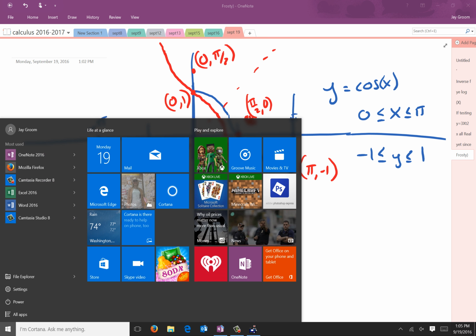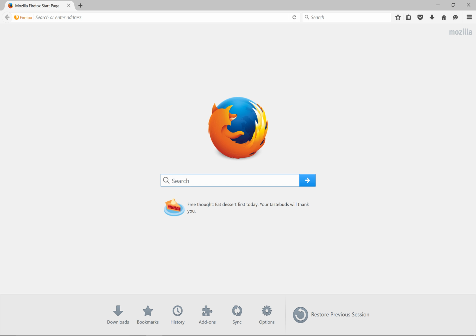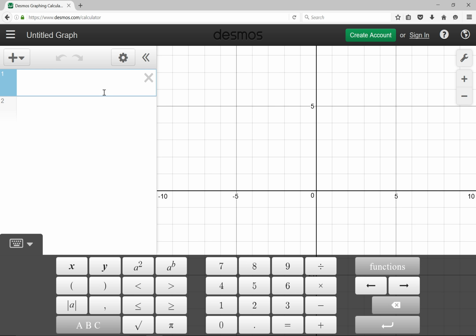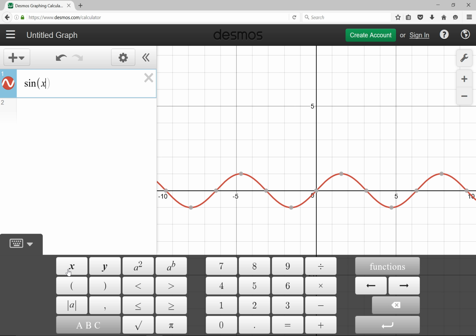Now, I like my Desmos.com. I think it's very nice for demonstrating things. So in the old Desmos.com, with the old function, sine x, you can do this.